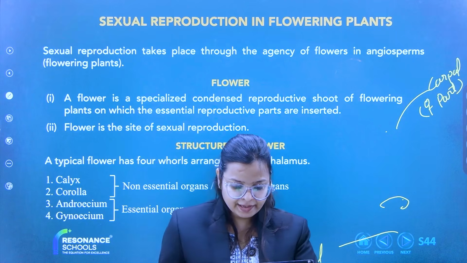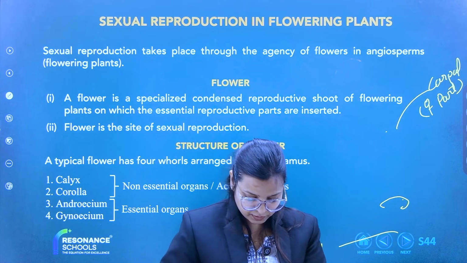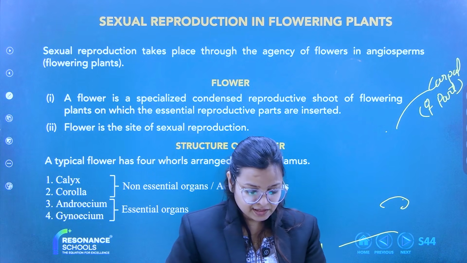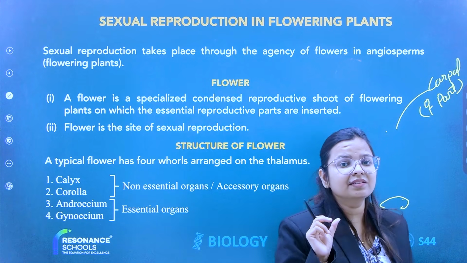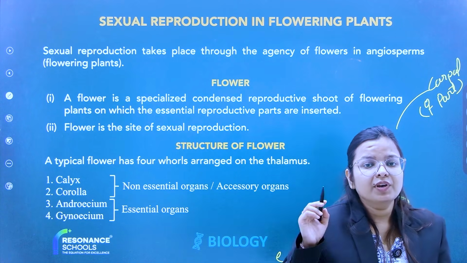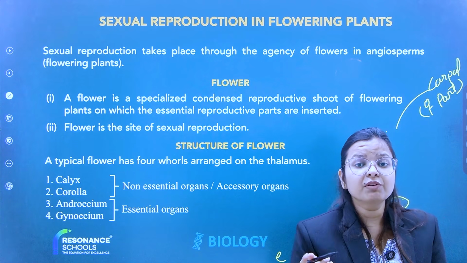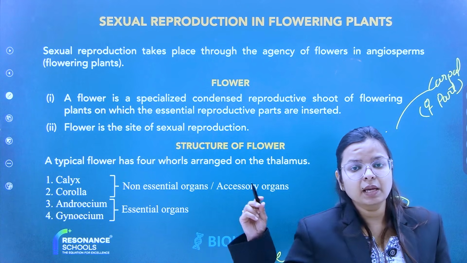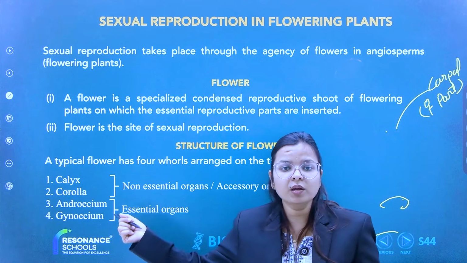Carpel is also pistil, right? Shrikar, you are right. Carpel is also called pistil. Ricky answered that sepals protect the bud. Very good. When a flower is in bud condition, before blooming, it needs protection, and the sepals or calyx protect the floral bud.